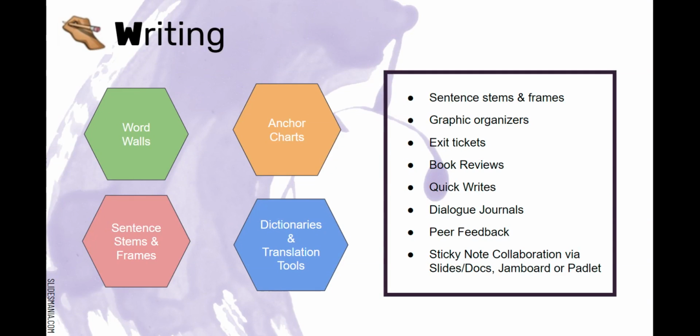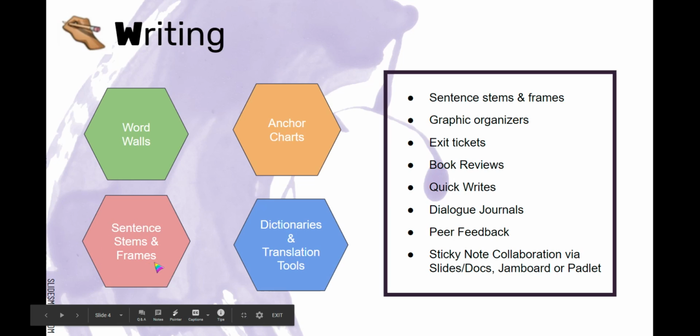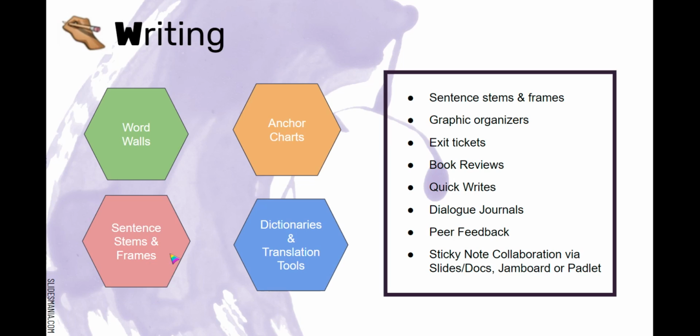When we think about writing tasks within our subjects, are we creating word walls that highlight the academic language we wish our students to use, or even anchor charts that help them solidify their thinking as they begin the writing process? Are there sentence stems or language frames for them to use the academic language we wish for them to use?